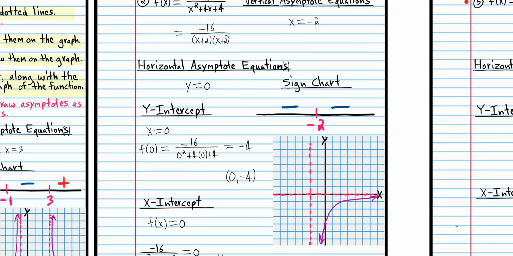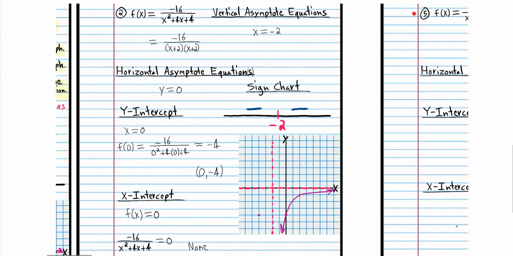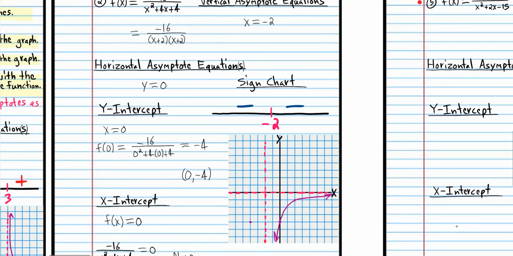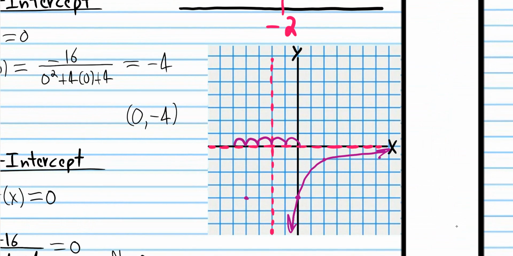If you plug in -4, we get -4. Let's plug in maybe -6, and we get -1.